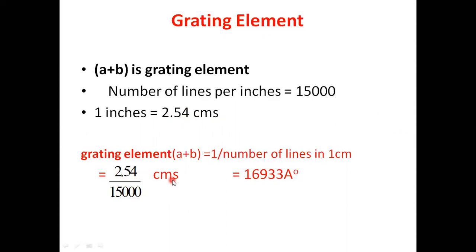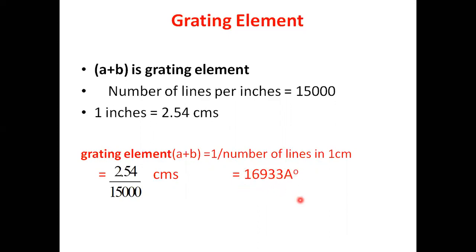If I convert this into Angstrom, we have to multiply it by 10 raised to power 8. So when we multiply by 10 raised to power 8, we get 16,933 Angstrom. This is the actual value of the grating element for this grating. You can observe that 16,000 is comparable to the wavelength of our light.